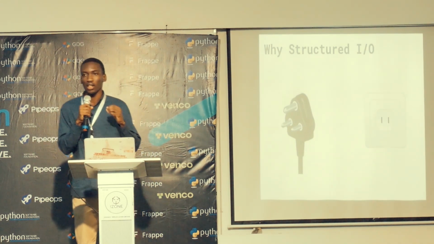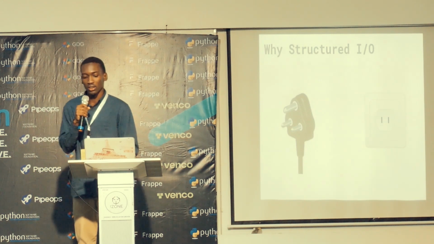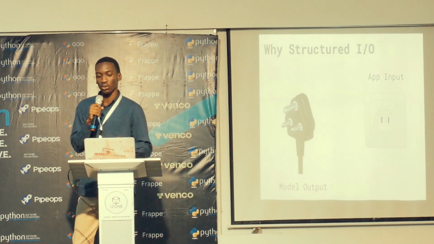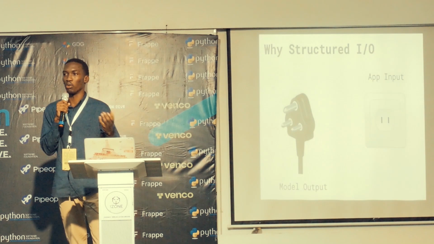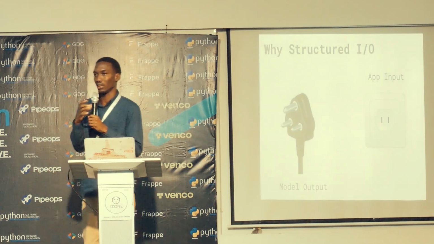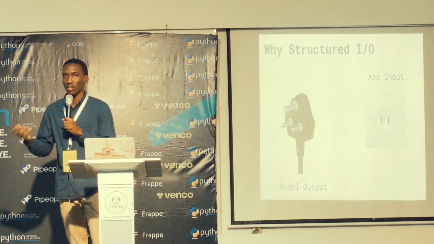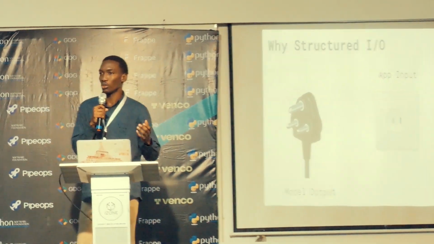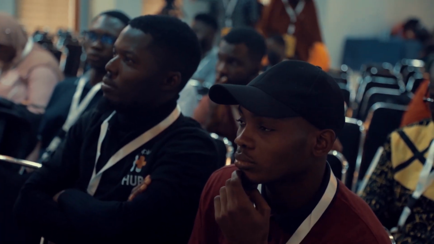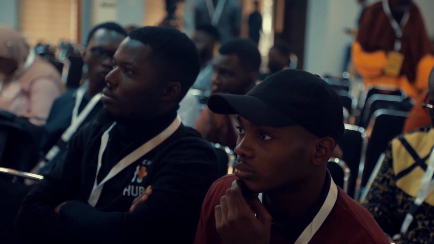Just the same way you can think of that example, the charger is the model's output and the socket is your downstream application input, right? So if the downstream application input is not compatible with the model's output, your system won't work. Something will break, right? So we need to ensure that both of them are compatible.